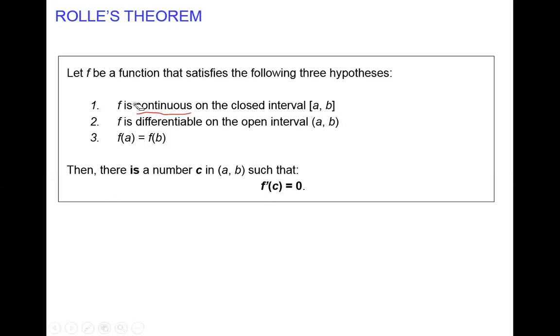Function f also must be differentiable on the open interval, because we remember we do not have derivative at the endpoints, so we're not including the endpoints. And the third condition is that the values at the endpoints have to be the same. Then there is a number c in that interval such that the derivative at c is 0.